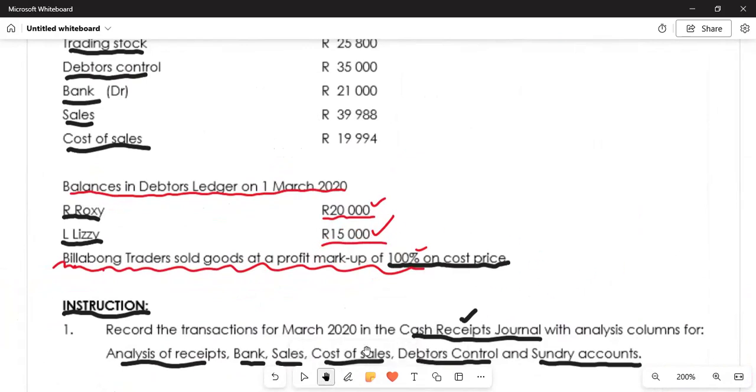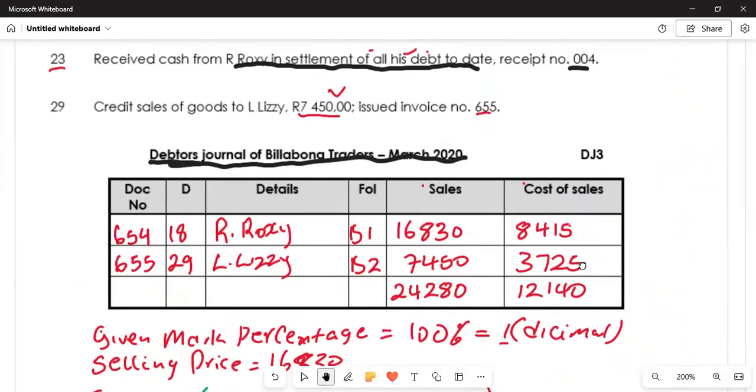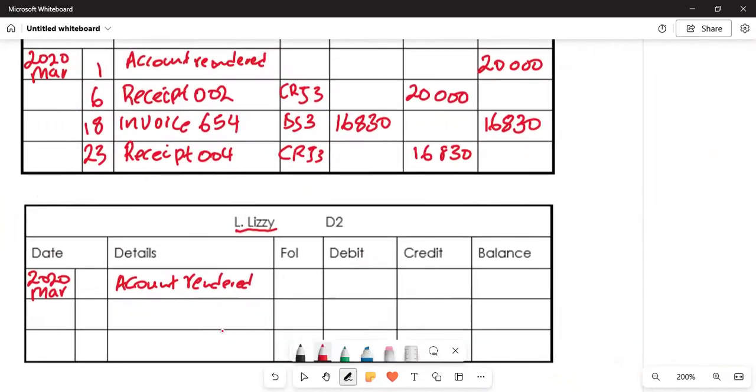Now, let us go to the answer book. Make sure that we record that. So here it was on the test. Then we are going to write it as balance. 50,000. This is what Lizzie owed the business as our data.